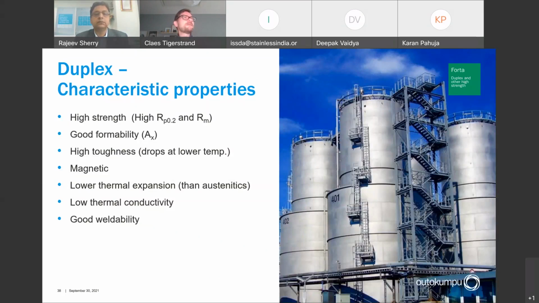You have a high toughness, but it's a mixed structure of ferrite and austenite, so it drops at sub-zero temperature, but can still typically be used down to -40 degrees C. It's magnetic from the ferritic structure. You have a lower thermal expansion than the austenitic, so they can be more easily combined with carbon steel, low thermal conductivity, and a good weldability.